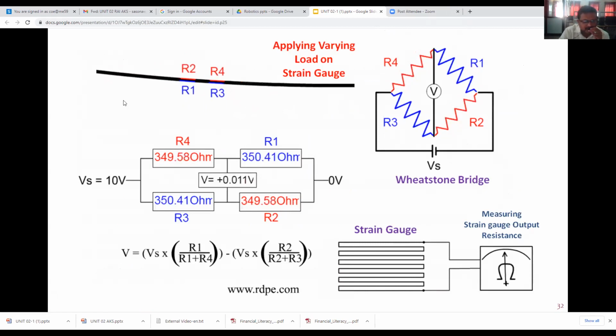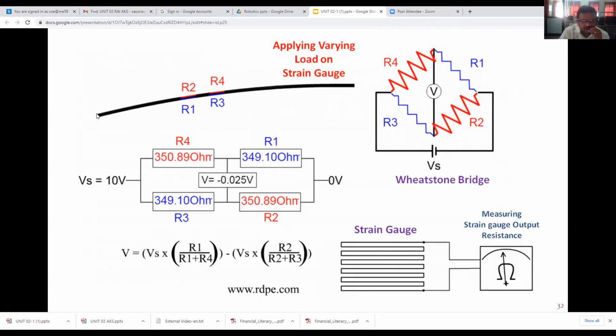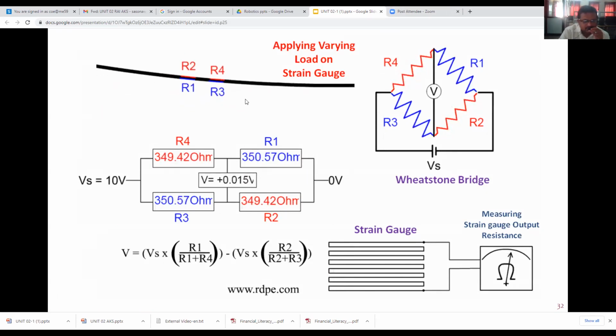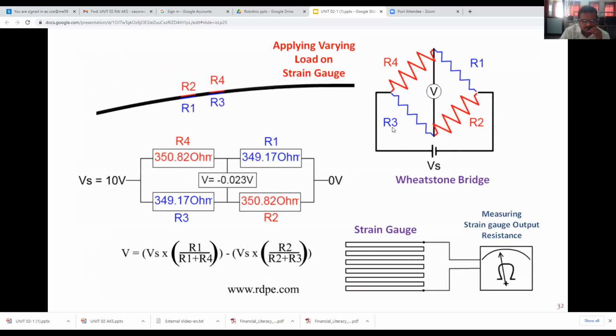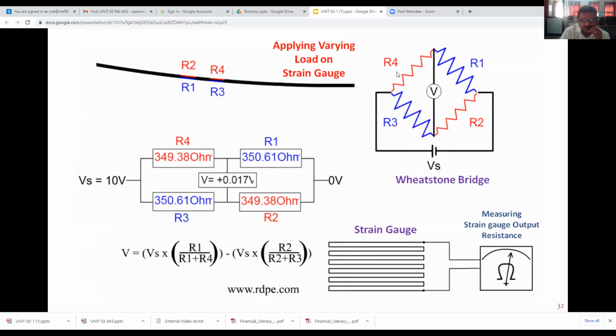Now see that this is the cantilever beam. Here R1 and R3 are resistances in opposite arms. Similarly, this R2 and R4. These are nothing but strain gauges.